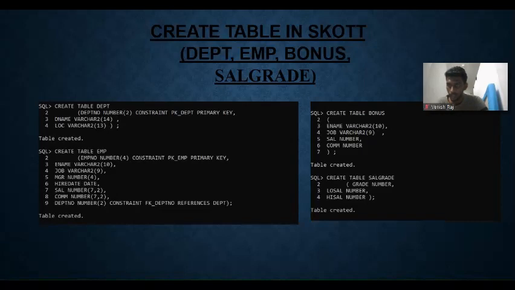While we create table emp: empno number(4) constraint pk_emp primary key, ename varchar2(10), job varchar2(9), mgr number(4), hiredate date, sal number(7,2), comm number(7,2), deptno number(2) constraint fk_deptno references dept; the table is created. We create table bonus.